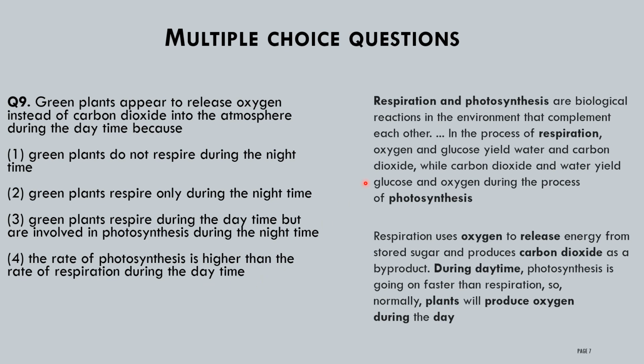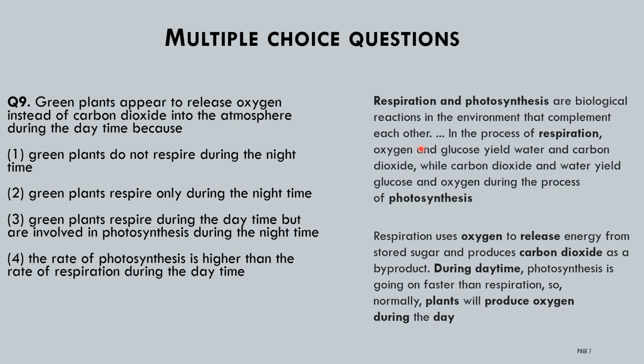Let us discuss in detail. Respiration and photosynthesis are biological reactions in the environment that complement each other. In plants, there are two main processes: one is respiration, another is photosynthesis.